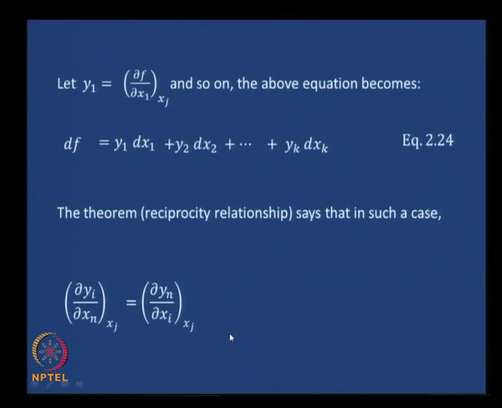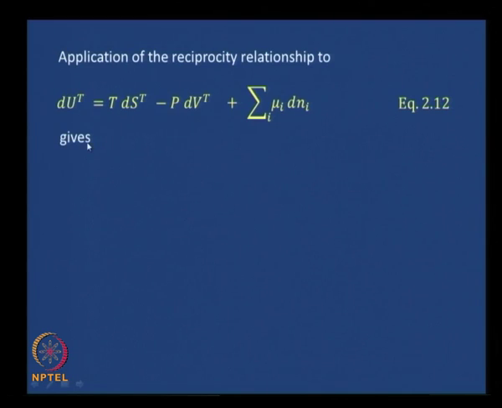If we apply this theorem, also called the reciprocity relationship, to the basic differentials that we had given earlier, recall equation 212, dUt equals T dSt minus p dVt plus summation of mu i dni. Remember that this consists of many different terms given by the sum sign.